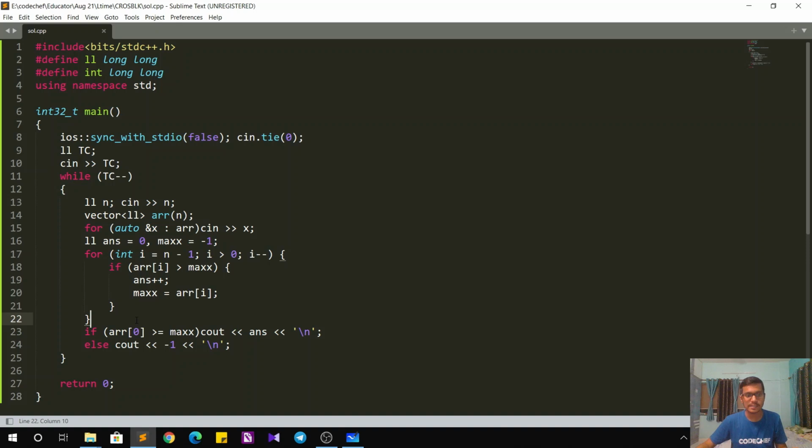So in that case, the answer is possible, and I simply output the variable answer, which I had calculated in my for loop, or else the answer is not possible. So the answer is not possible only in one case, that is if ARR of 0 is not greater than or equal to maximum, and that maximum is from the remaining elements.